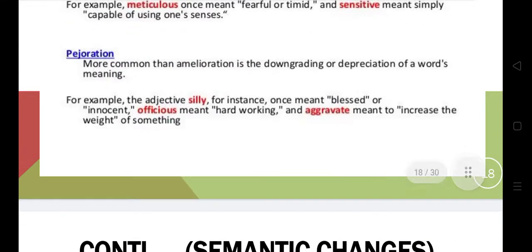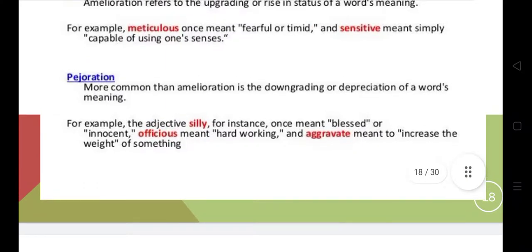Let me just give you the definition of amelioration and pejoration. Pejoration is more common than amelioration. It is just the opposite of amelioration, and it's the downgrading or depreciating of a word's meaning. For example, the adjective silly.